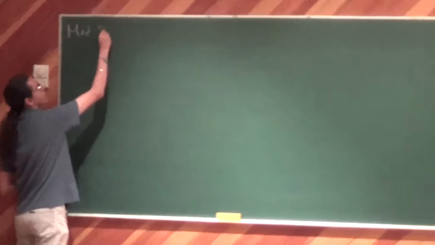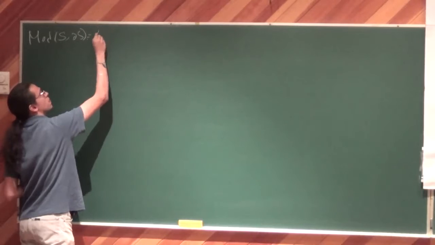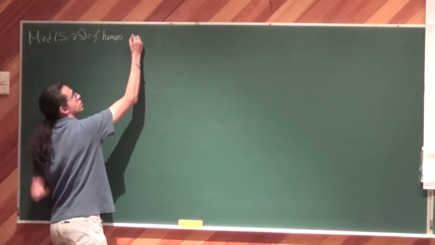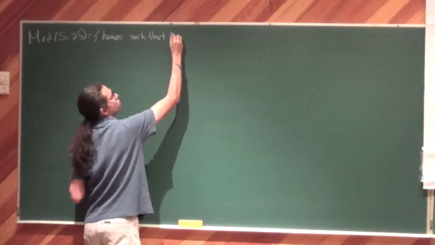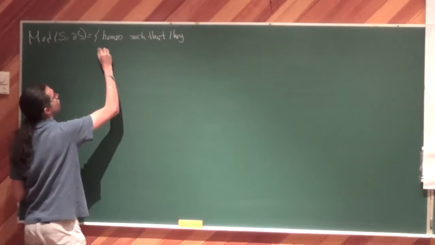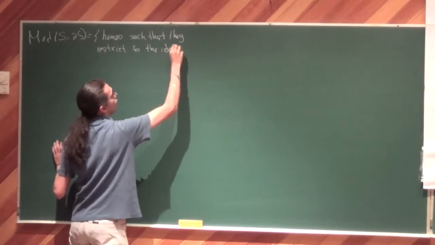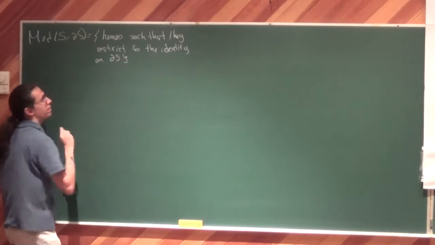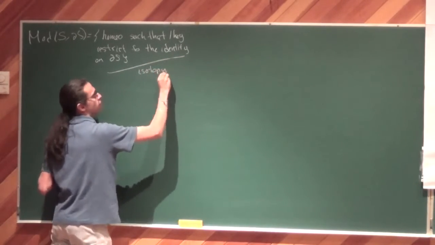The classical way is saying that it's the group of homeomorphisms such that they restrict to the identity on the boundary, modulo isotopy. Okay?